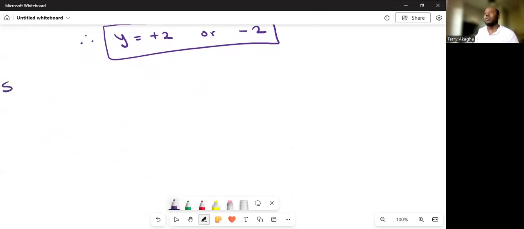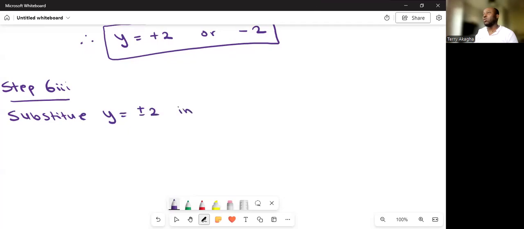So we now have to substitute y equal to plus or minus 2 into step 6i, all right? We already know that x was equal to 2y, all right?